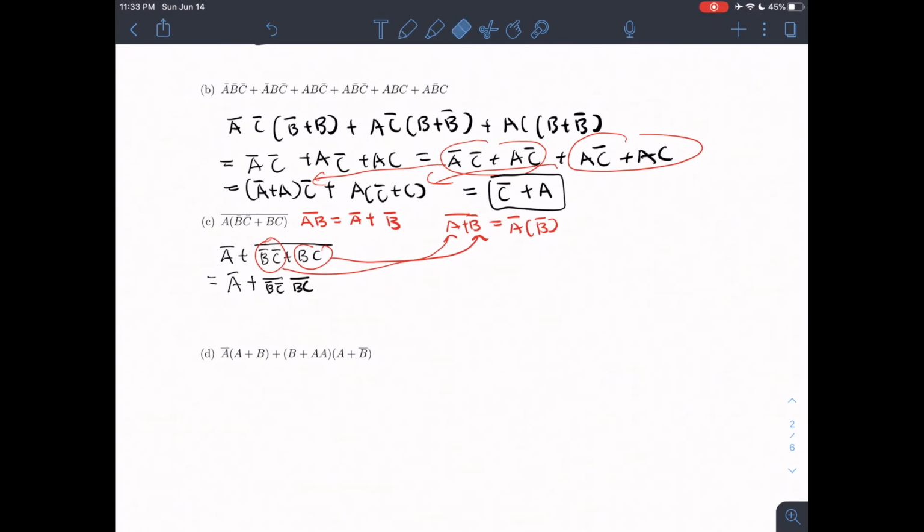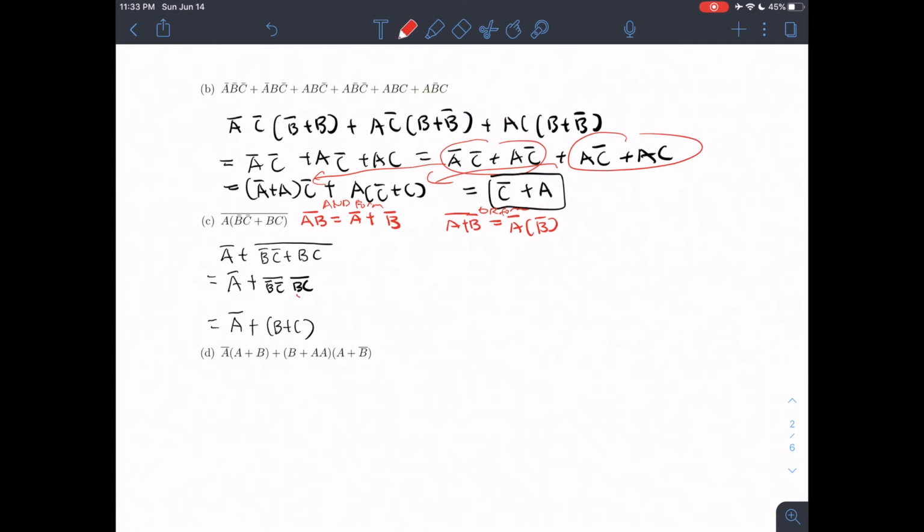And then we're going to use De Morgan's law again for each of these expressions, for this expression and this expression. So for this, we're going to treat not B and not C as this and this. So this is going to equal to not A plus B plus C. Then we're going to treat this as A and this as C. So this is going to be equal to not B plus not C. Then we're going to simplify this.